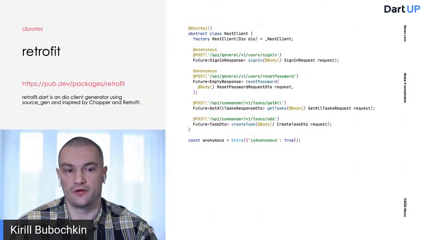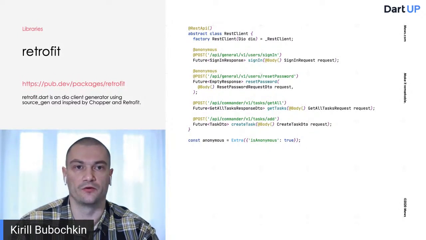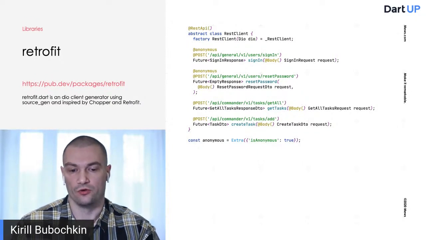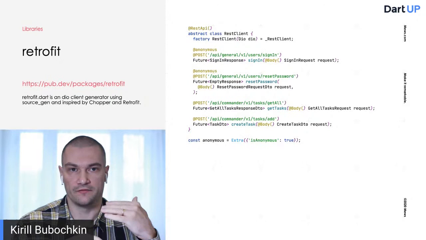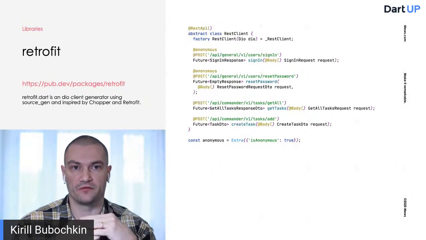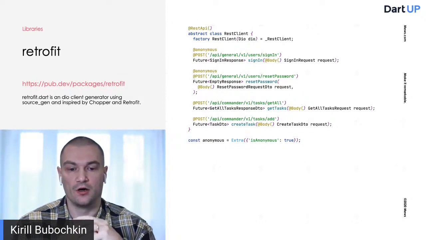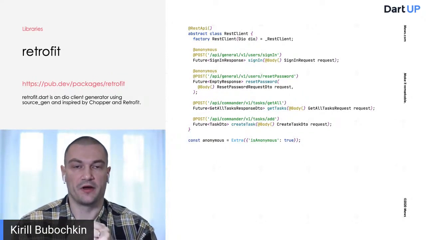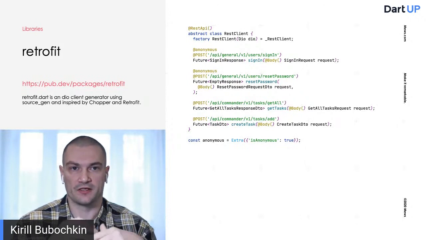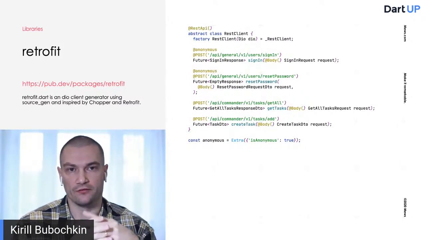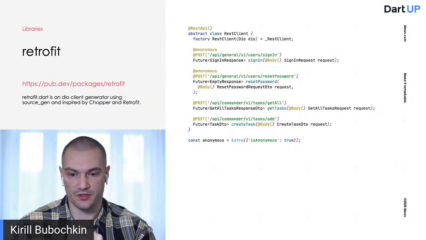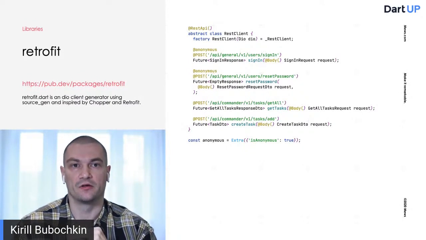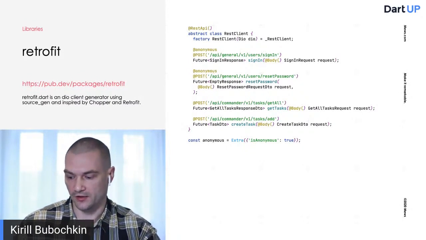If you're coming from a native Android background, you've probably heard about this library. The idea is that you define the interface methods for communicating with the API backend, and the library generates the body of these methods, dealing with serialization and deserialization of requests and responses. So it's the same library, but implemented for Dart.